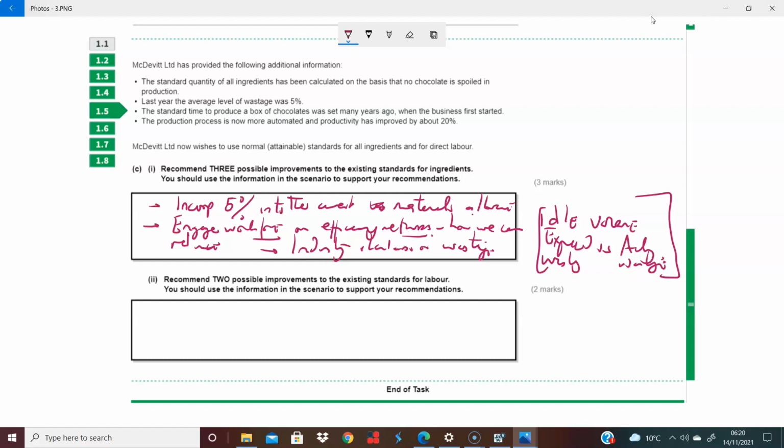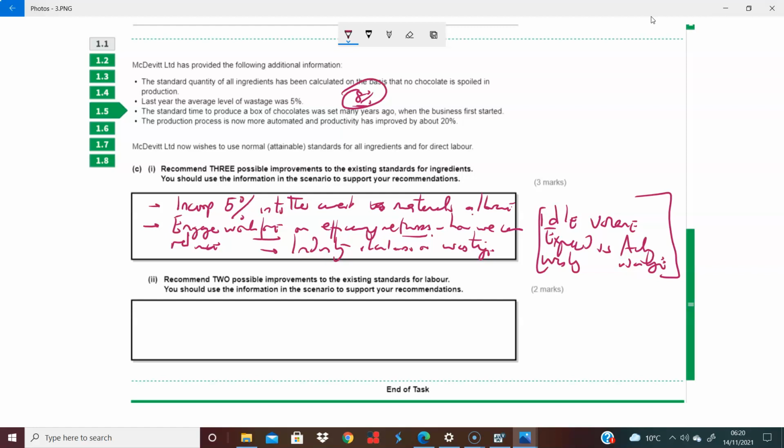Maybe the industry is actually 8%. If this is your standard, you want to create a standard for wastage, and it means you can improve wastage. So attainable variances are not designed to just accept anything and everything, because in the end, you want to challenge your staff. Right, so that's that.